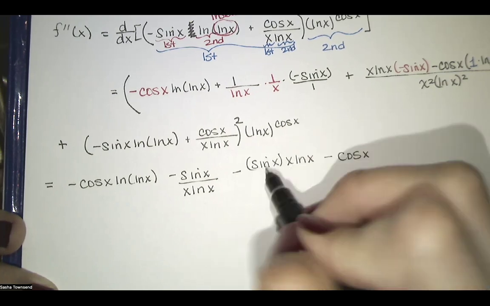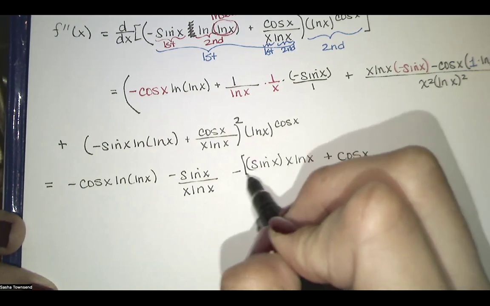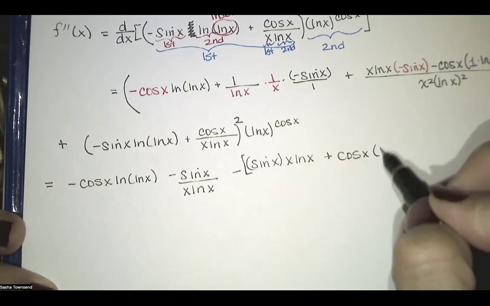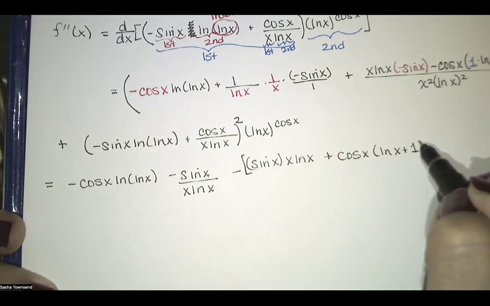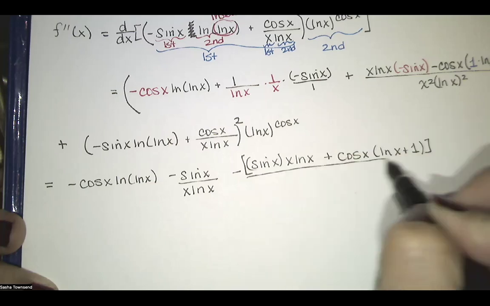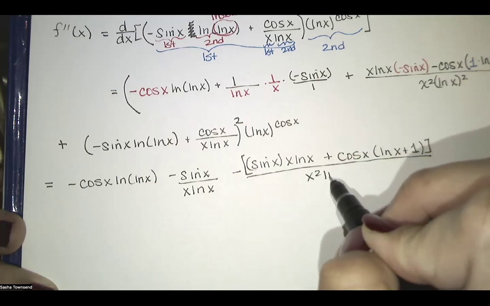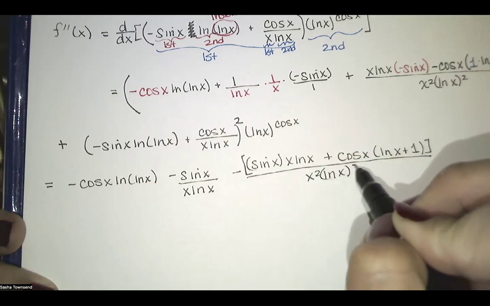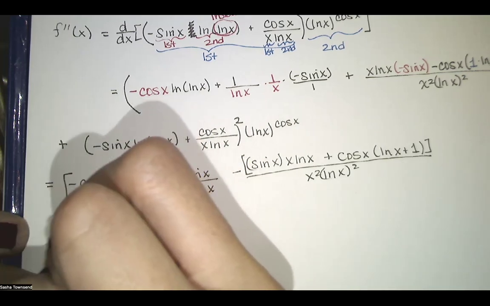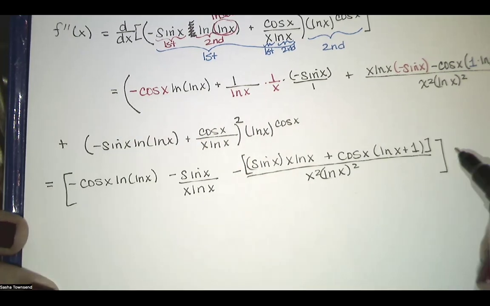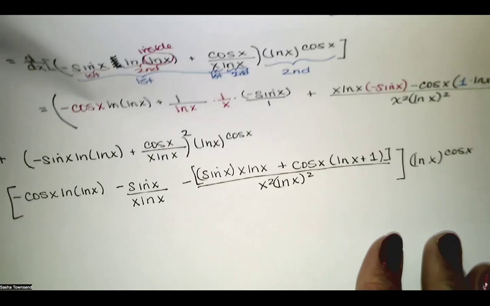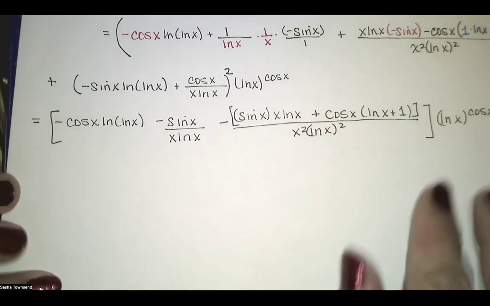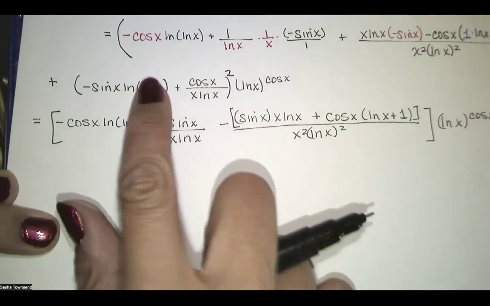Or actually, if I factor out that negative, I can make that a plus: cosine of x times natural log of x plus 1, all divided by x squared natural log of x quantity squared. All of that times natural log of x raised to the cosine of x. So we're taking this expression, and then we're adding this.